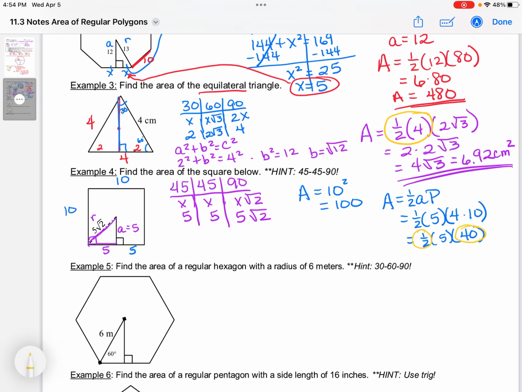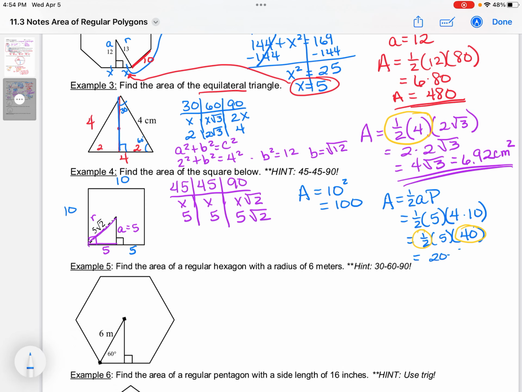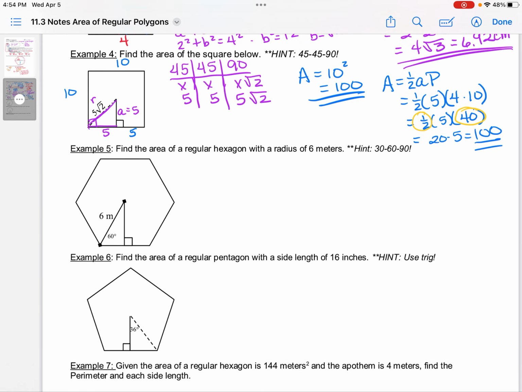Because I'm doing this in my head, I'm going to take half of the 40, which gives me 20 times 5, which gives me 100. So both ways work to find the area. But again, you're having to use your right triangles to find whatever sides are missing.